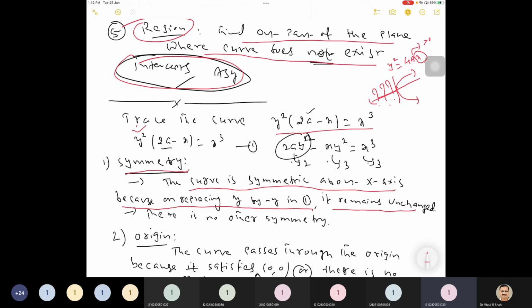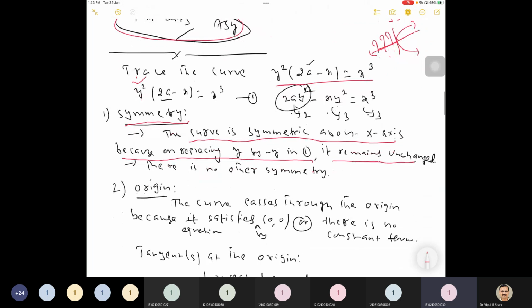Fine. So then, this is first symmetry we have discussed. Next part we need to discuss about the origin. Now see this equation.